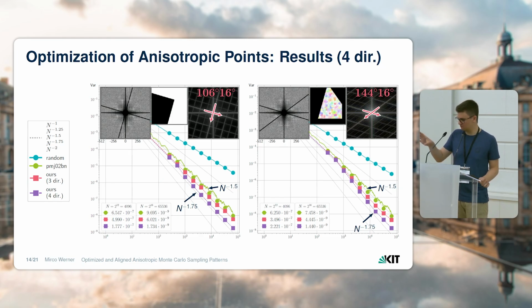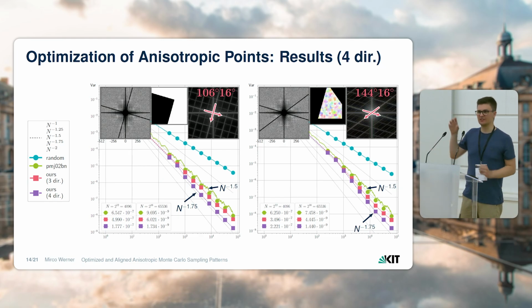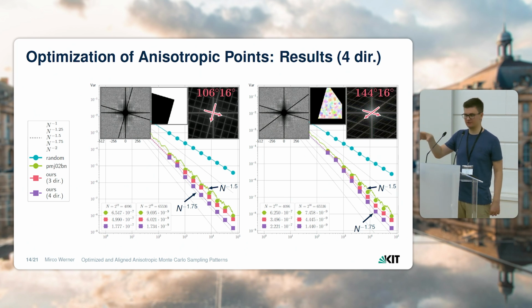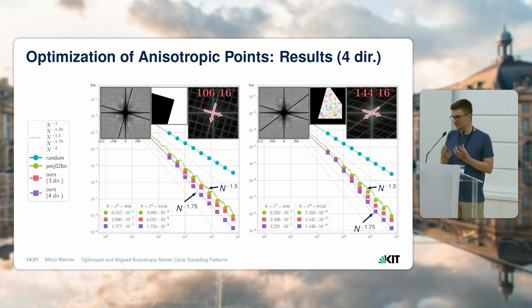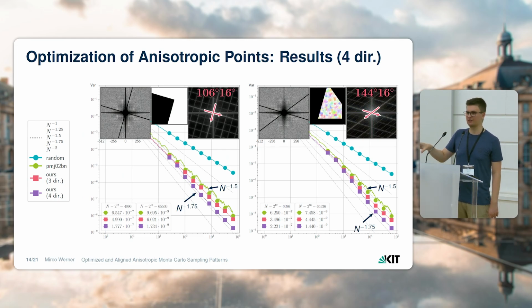So what we are doing is we just try to suppress the frequencies that the user defined or that fall into our sliced Wasserstein optimization. So in those directions, and for the others, typically you get only white noise there. But in this case, it seems that we chose too many frequencies to suppress, and with that you get some aliasing artifacts, or you enforce that the points are in some repeating pattern, so that you get these higher energies in these other frequencies.